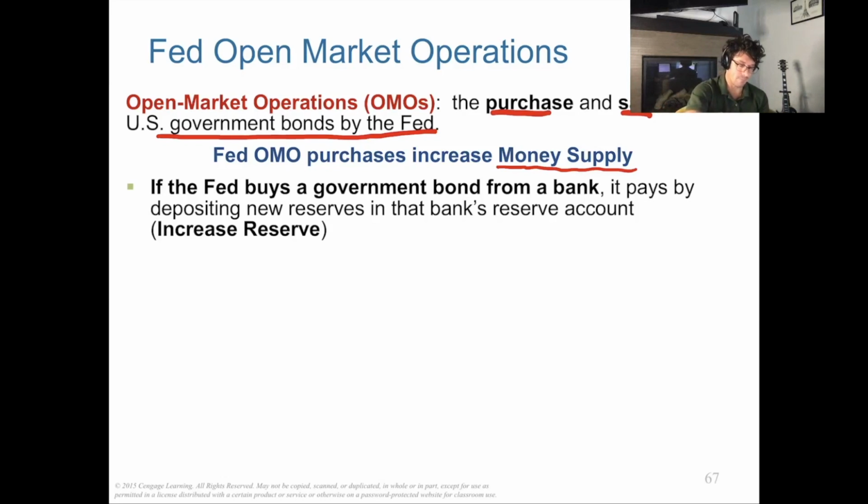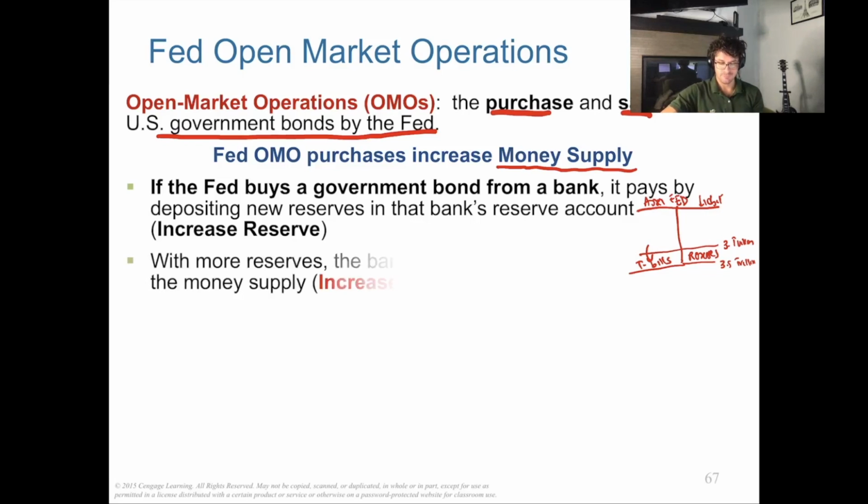This was our example where the Federal Reserve went from 3 trillion to 3.5 trillion, introducing money by buying T-bills that enter the asset side of the Fed, and in exchange gives reserves to the bank from which it buys these T-bills. Okay, this is an example of an increase in the money supply.